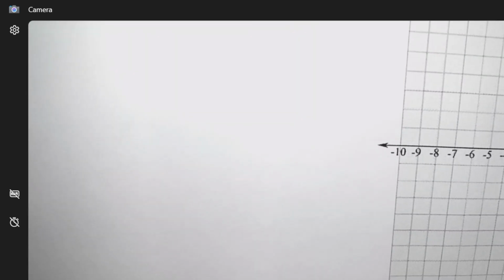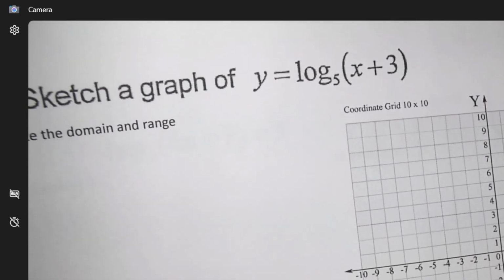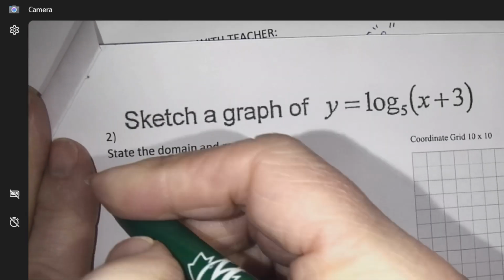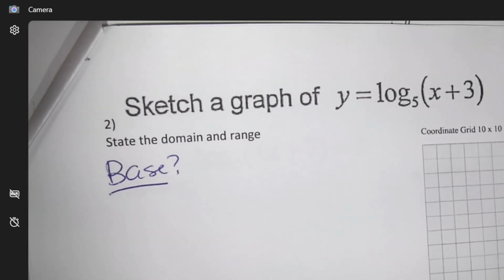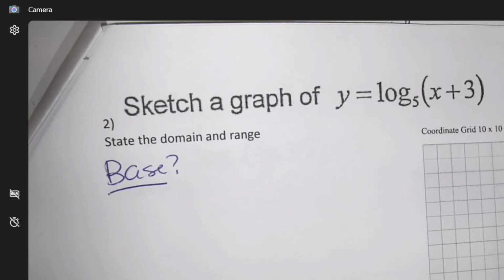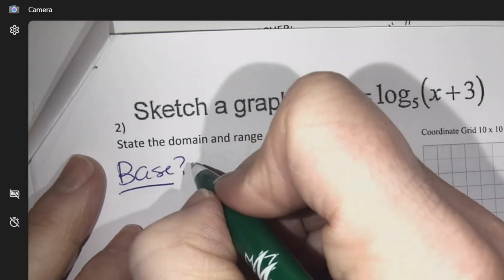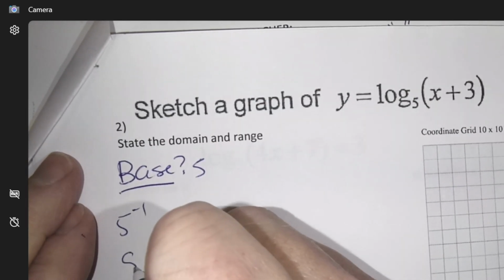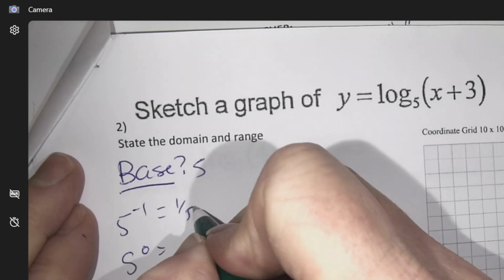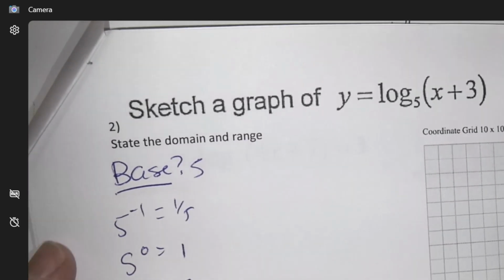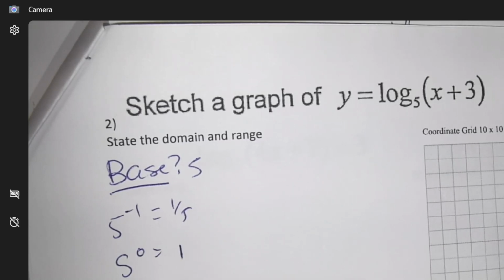Okay, last one for today. Sketch this graph. It's a log graph. I don't care if it's a log or exponent, because what's my first thing? What's the base? 5. So 5 to the -1, 5 to the 0, 5 to the 1. So no matter what, just start the same old way.